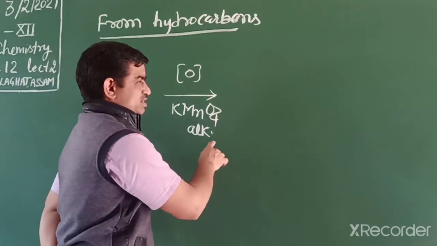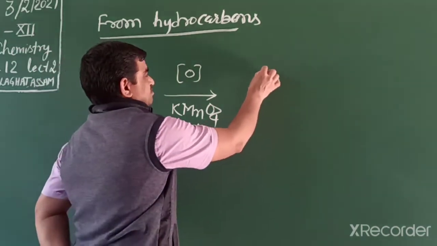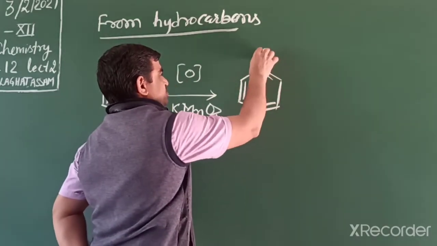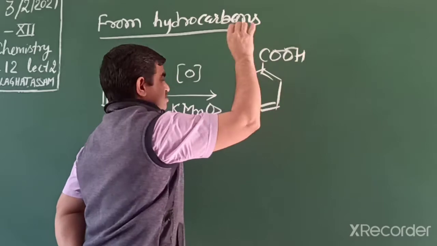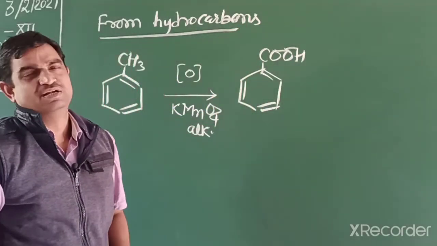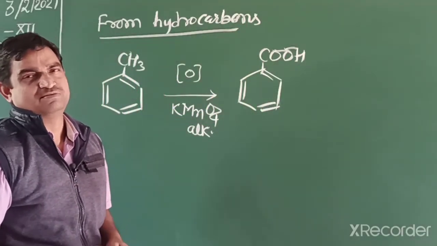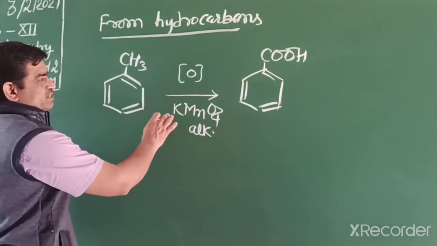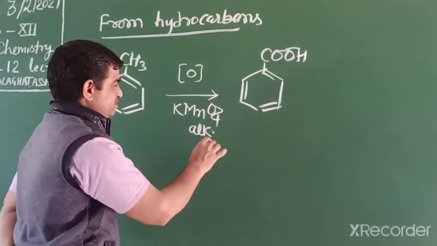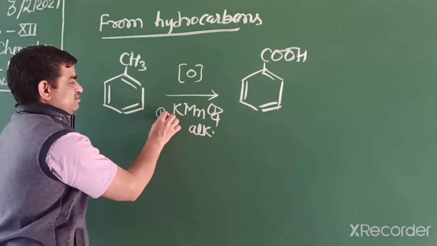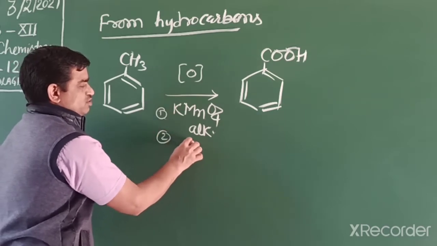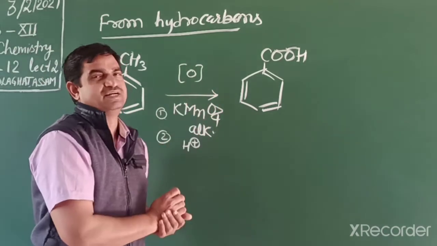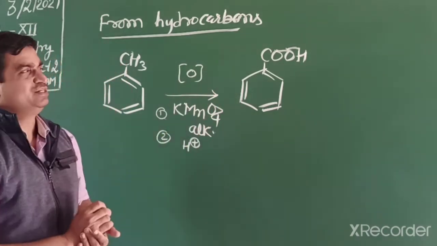We first get the salt of the carboxylic acid, and after acidification it is converted into the corresponding carboxylic acid. But students, we want to stop the reaction at aldehyde, so we have to take a special reagent.